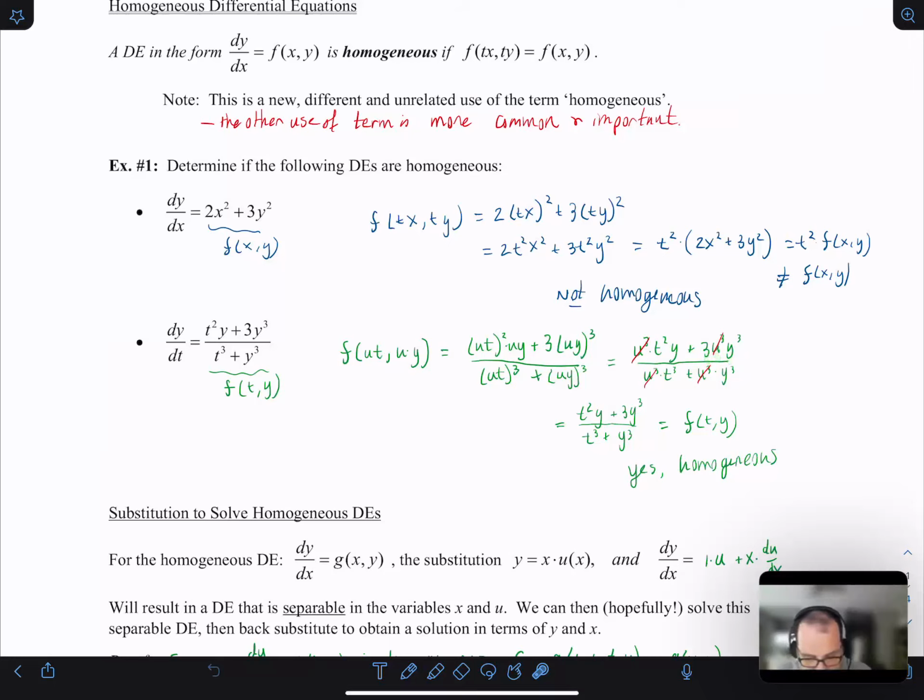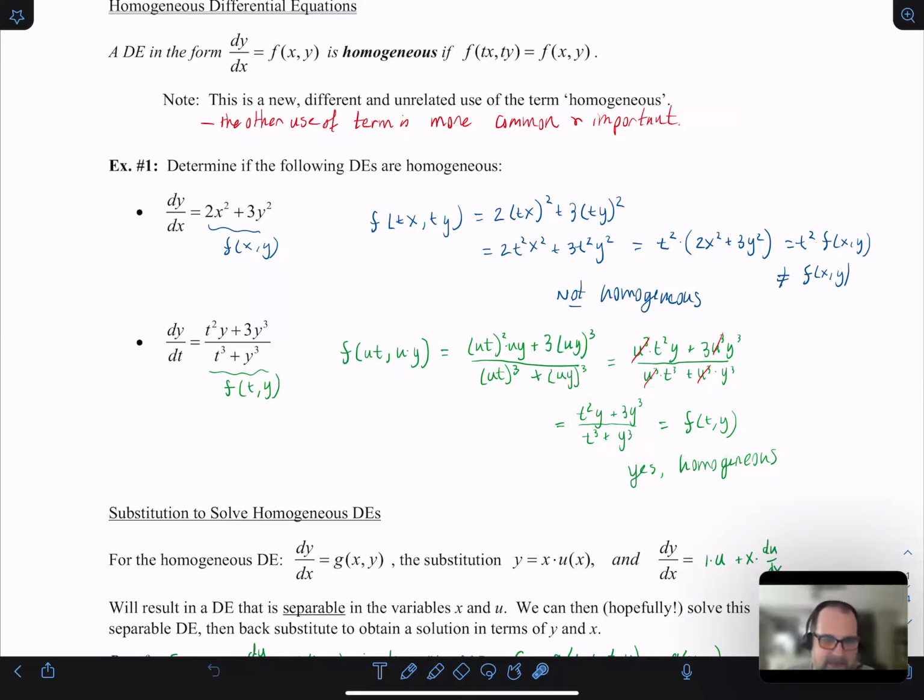We have a u cubed t cubed, and we have a plus u cubed y cubed. If we notice here, there is a common factor of y cubed everywhere. The y cubes therefore can cancel out, and once you cancel those out, we are back to f of t,y again. So this one is homogeneous.